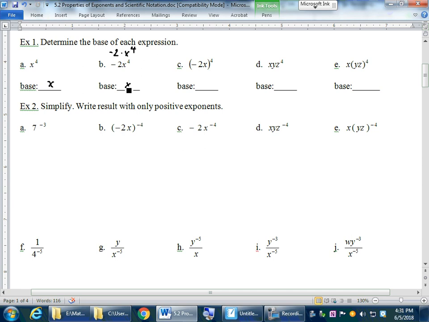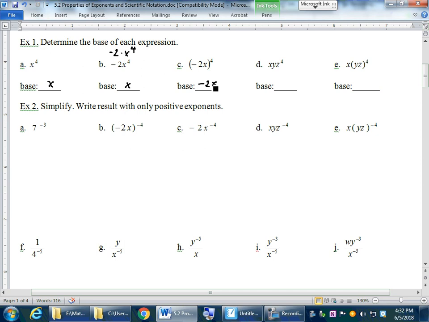If I want my base to be the entire negative 2x, I will write it as in example C. Notice that negative 2x is inside the parentheses. So the base of this exponent 4 in example C will be negative 2x. Hopefully that makes it clear how to look at the base of each exponent.